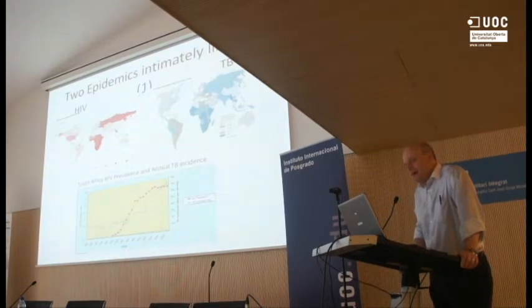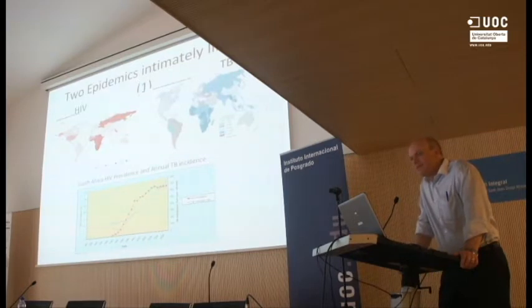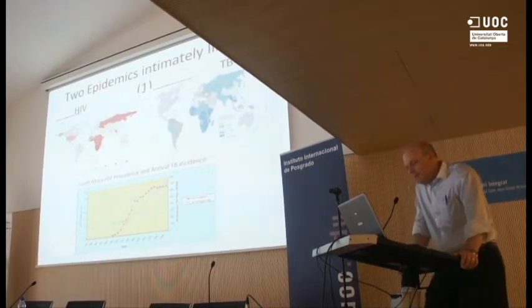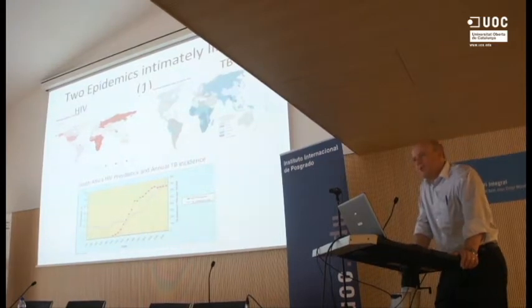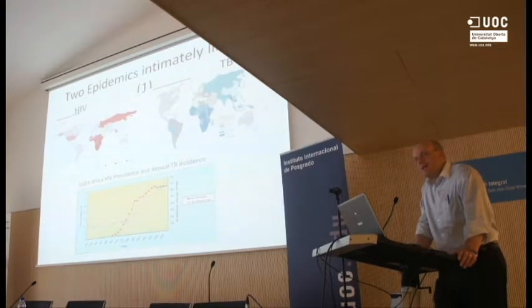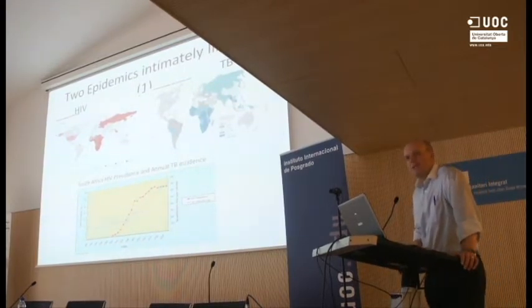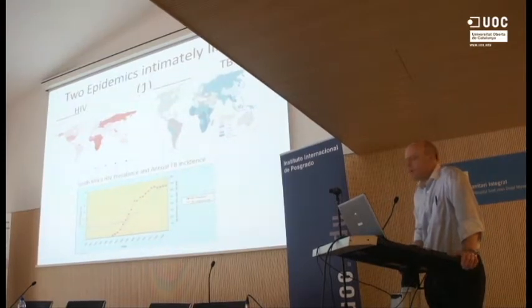quite amazingly. And the other graph that I'm showing you here is this massive increase in annual TB incidence in the yellow line, which paralleled that of HIV prevalence in pregnant women. So the red line on the lower graph is, every year in South Africa they do an anonymous seroprevalence survey in pregnant women, and I've conjoined these two graphs to show you how this HIV epidemic has really affected South Africa.